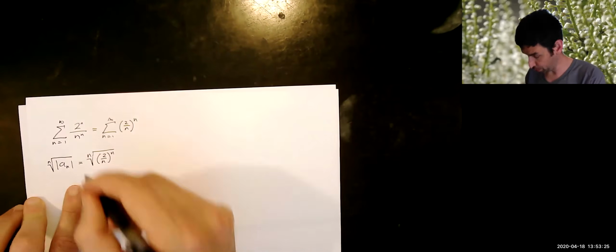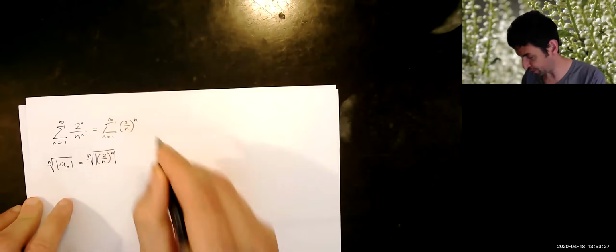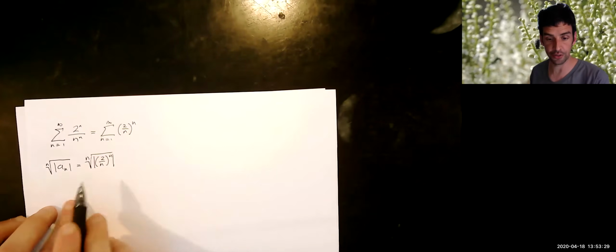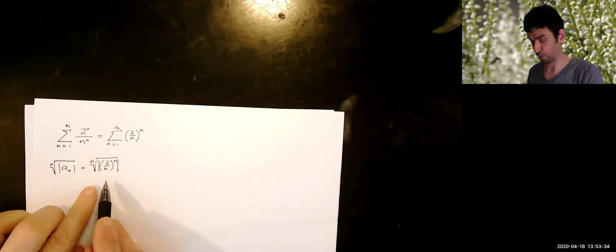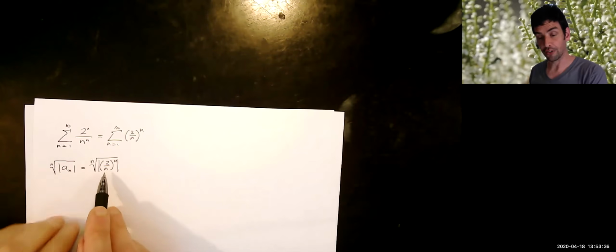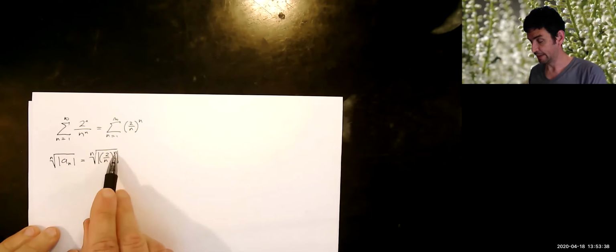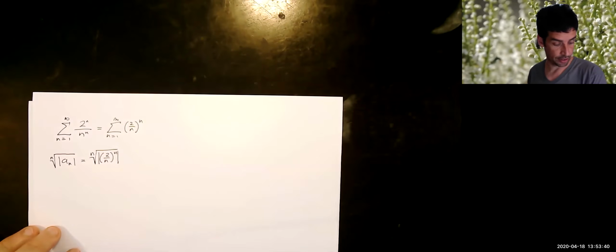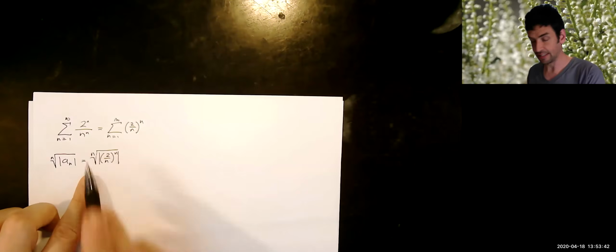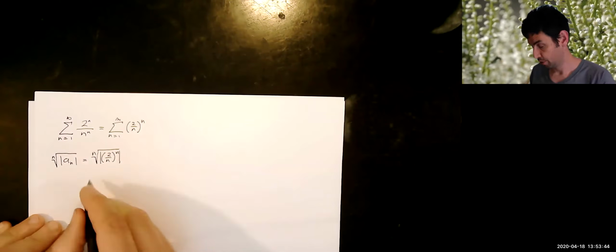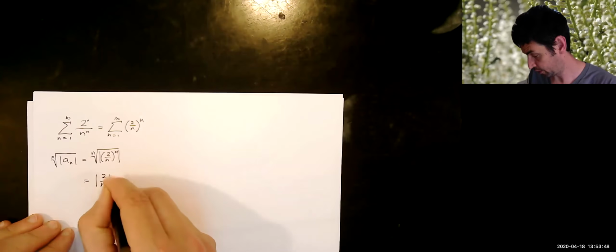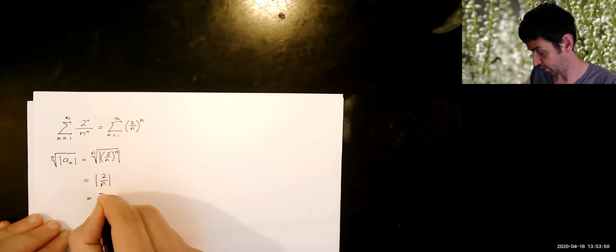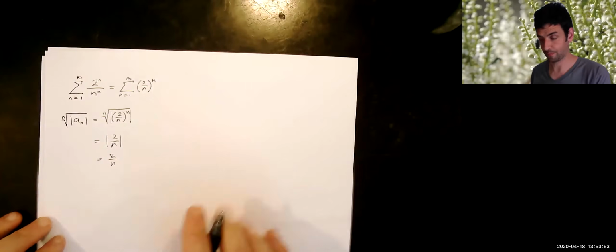I forgot my absolute values, though it doesn't really matter in this case because everything's positive. If we take something to the nth power and then take it to the nth root, we end up back where we started. So this thing just looks like, since this is all positive, 2 over n.